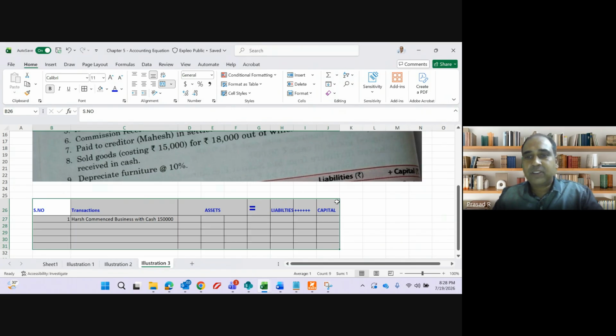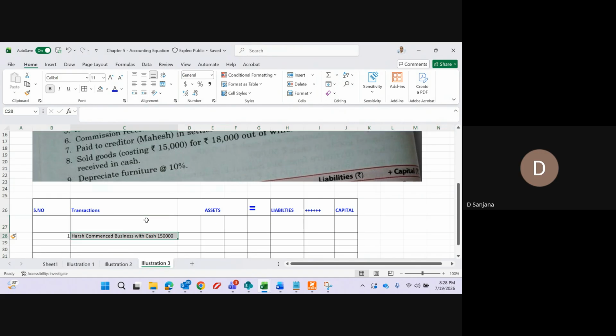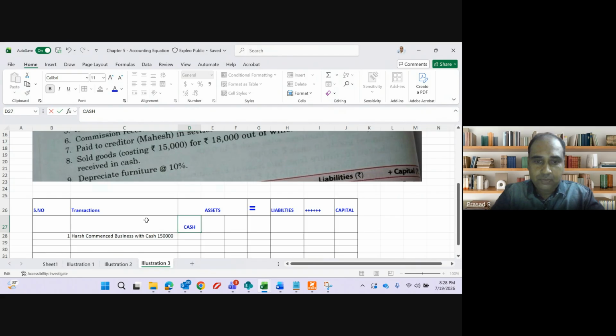Let's not waste time in the first transaction. Where shall I put the amount? Cash account and capital account. First transaction over. Second transaction.